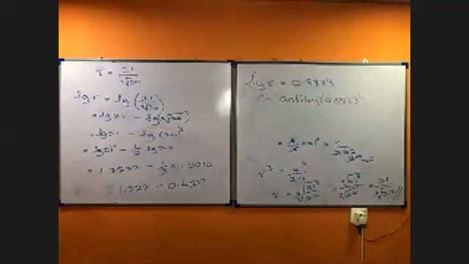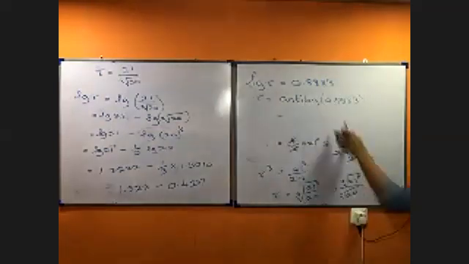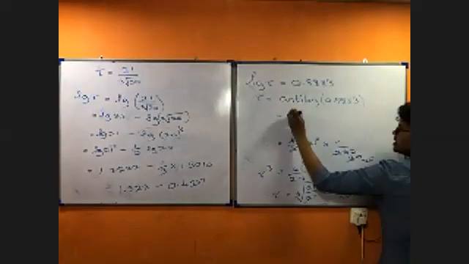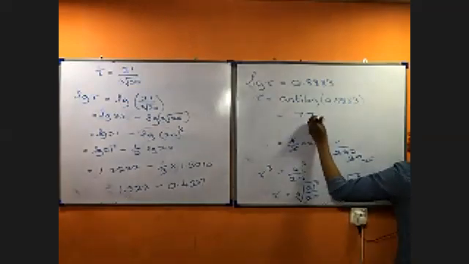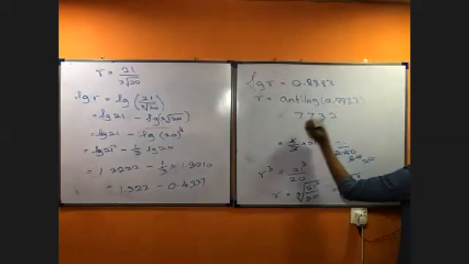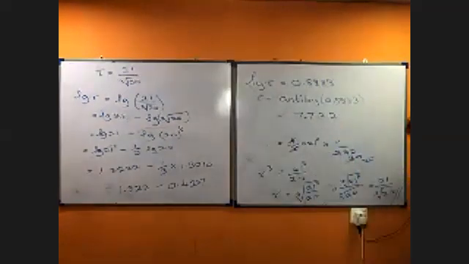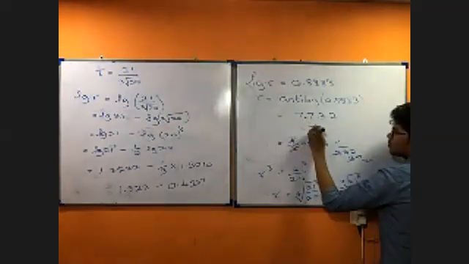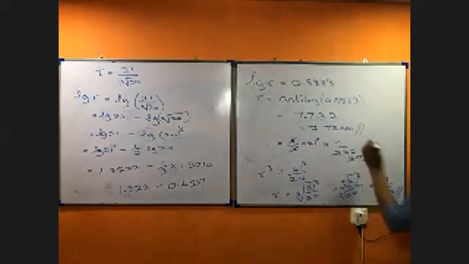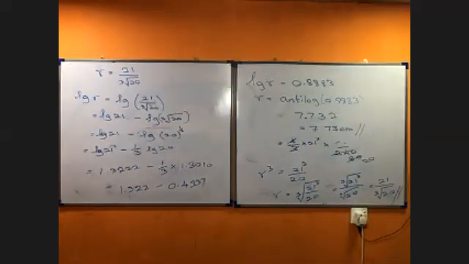If you use the logarithm table to find this, you will get 7732. Since the characteristic is 0, the decimal place is going to be here. They are asking for the answer correct to 2 decimal places. So it is going to be 7.73 centimeters.